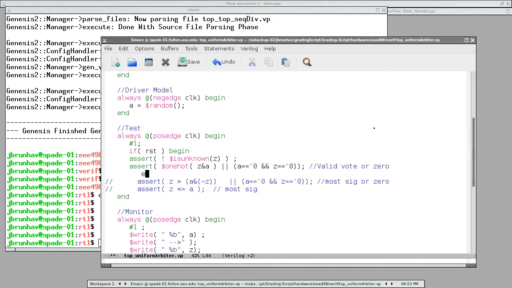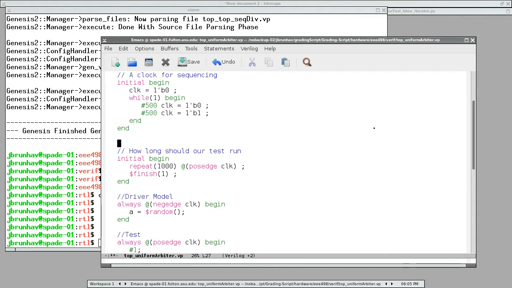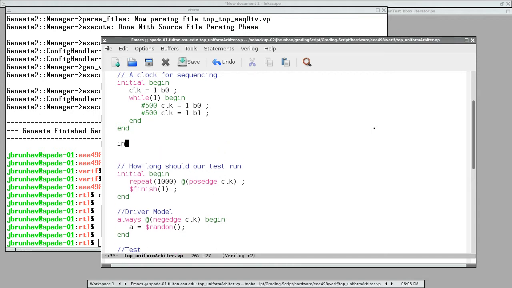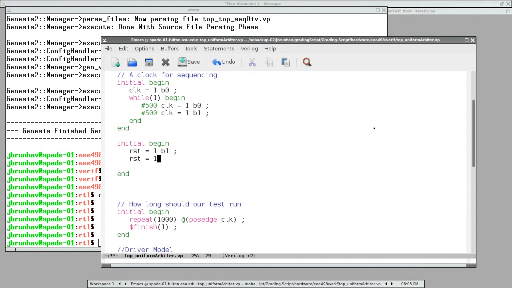That's not how that key works. There we go. So that should help us out. And then the only thing we were missing was a reset. So initial begin, reset equals 1 bit 1, reset equals 1 bit 0.